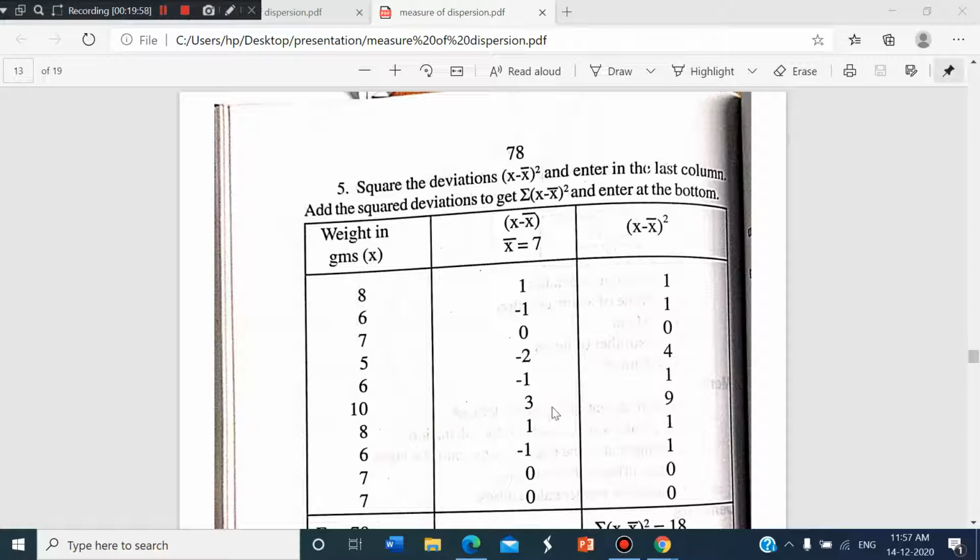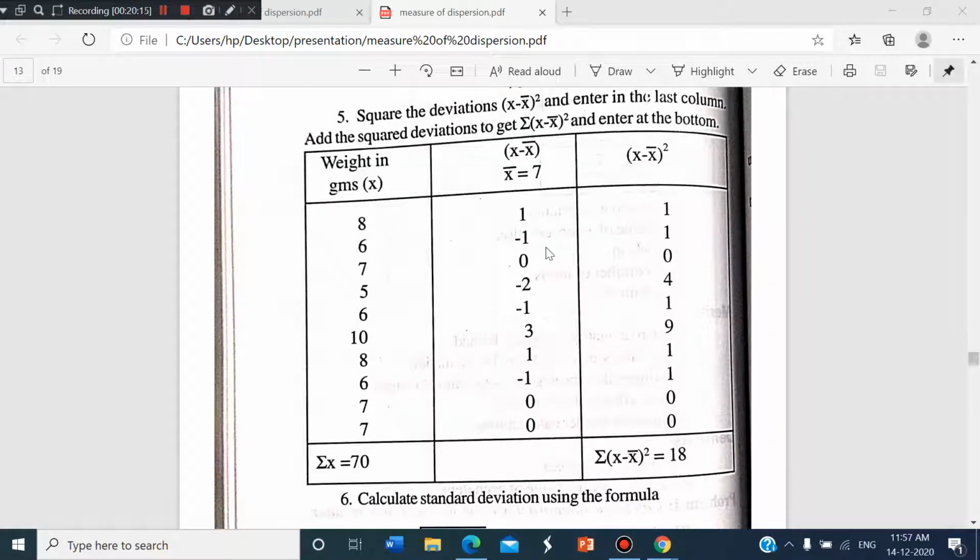For 10 it is plus 3. Then 8 gives 1, 6 minus 7 means minus 1, 7 minus 7 means 0, 7 minus 7 means 0. So this is the x minus x bar.